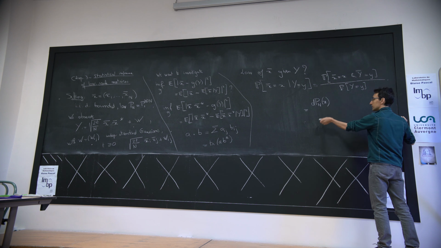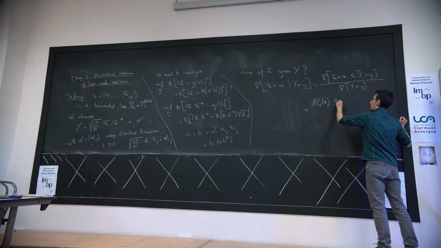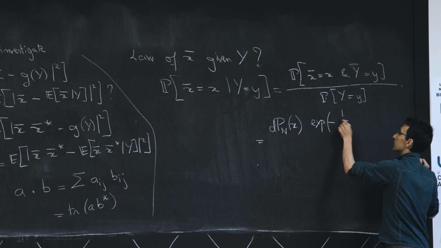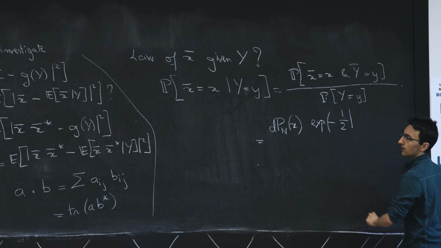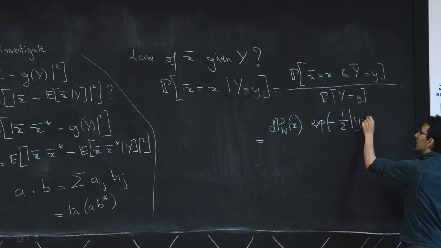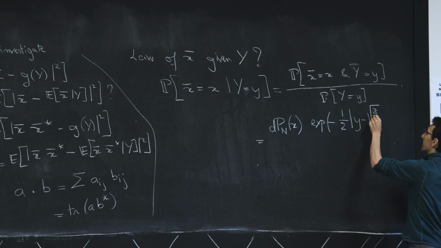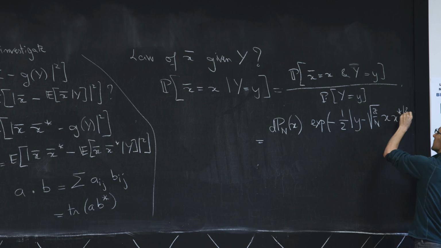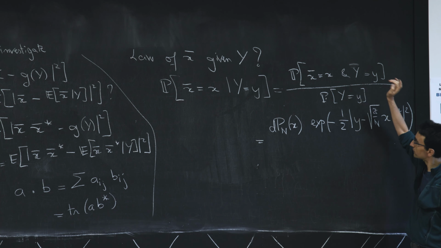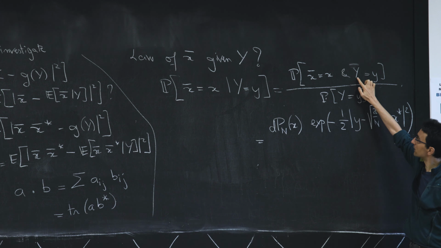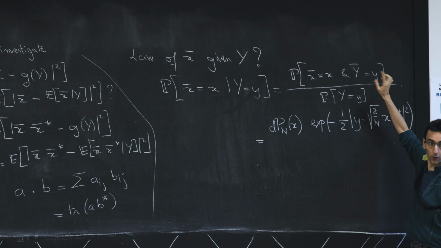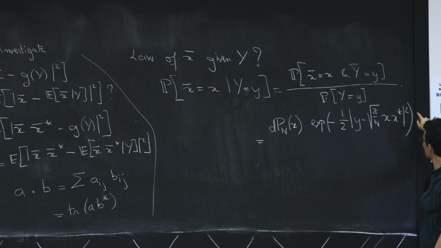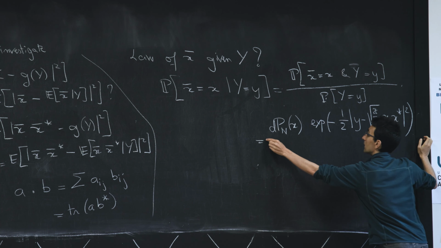I'm not going to write it because it's going to cancel out. Times exponential minus 1/2 of y minus square root of 2t over n x transpose, squared. And then, if you do this calculation a little bit better, you think y is equal to y up to dy. So here I should write dy. But then it's going to also appear in the denominator, so it's going to cancel out.